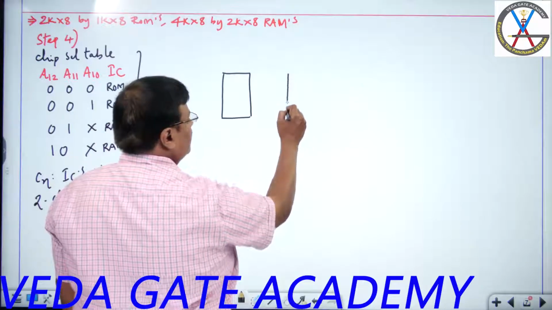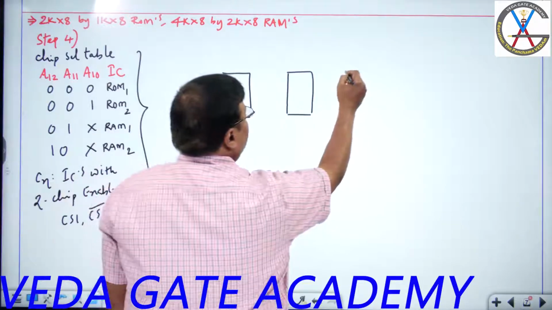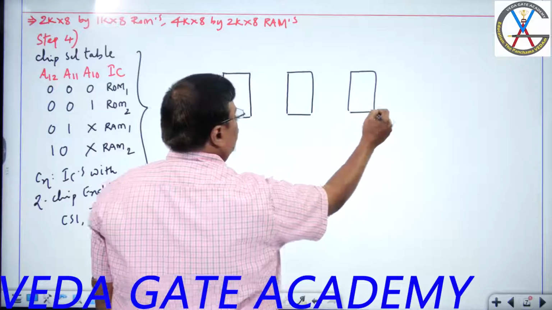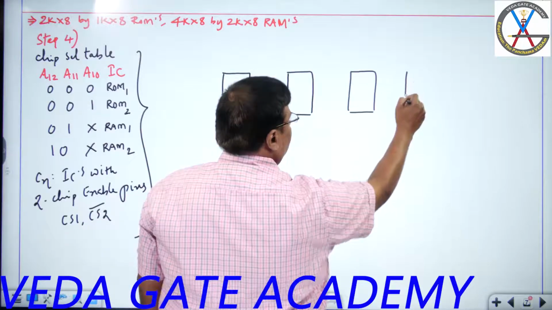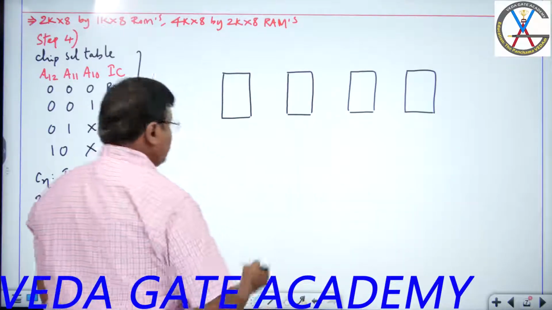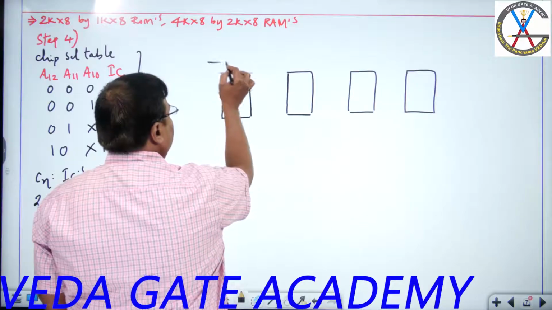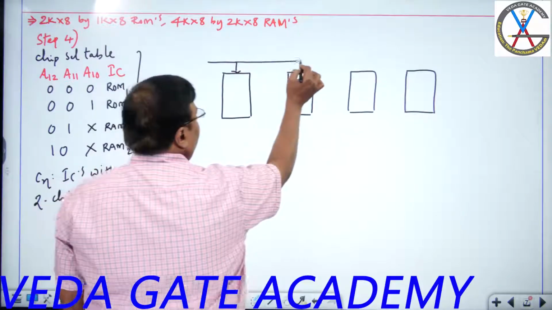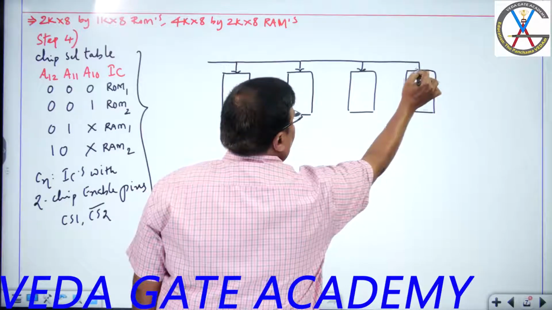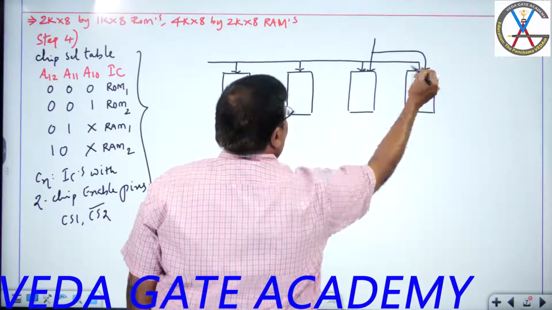Here are my 4 ICs. Common address lines A0 to A9, and the extra address line A10.